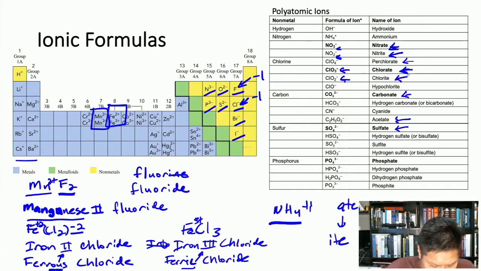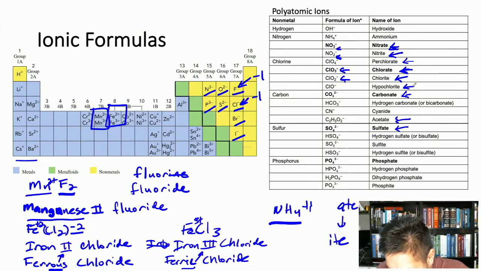We can take that a step further, because if it loses another oxygen, it becomes hypochlorite. So ClO minus means it only has 1 oxygen, compared to the one above it, which had 2 oxygens. It's hypochlorite.